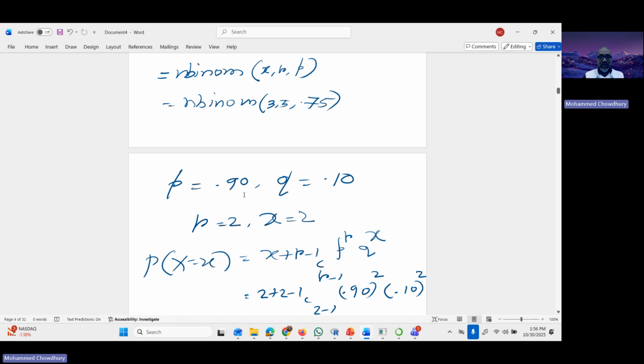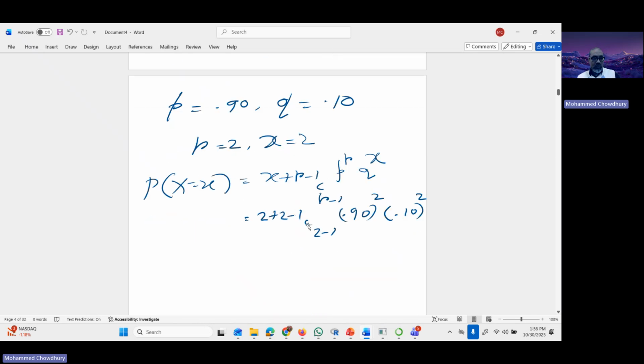Okay, so which we could write this way: 3 choose 1, 0.9 to the power 2, 0.10 to the power 2.